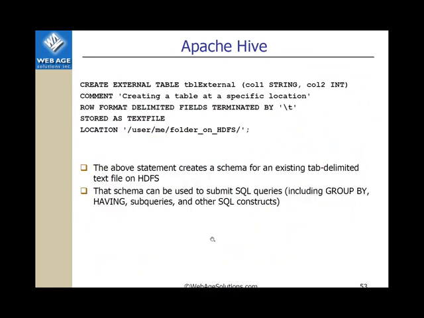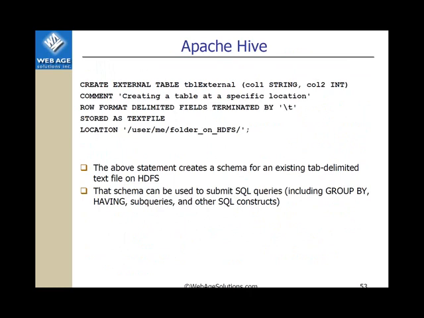So here's an example of how you would mount a schema on a location in HDFS where you've got 2 columns. Let's say we use Sqoop to extract 2 fields from a relational database, and we imported data on HDFS.